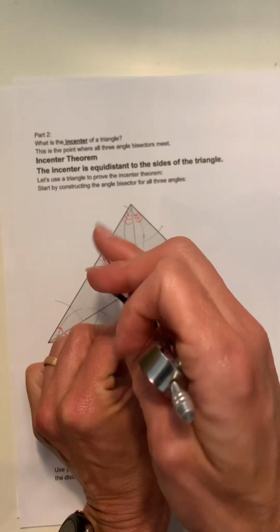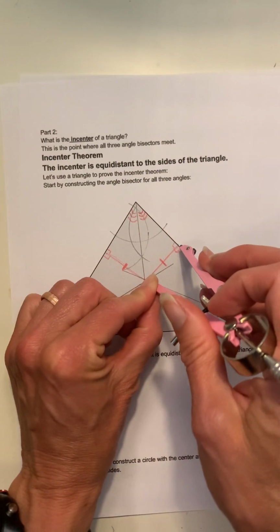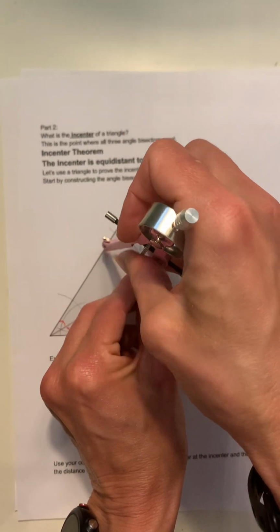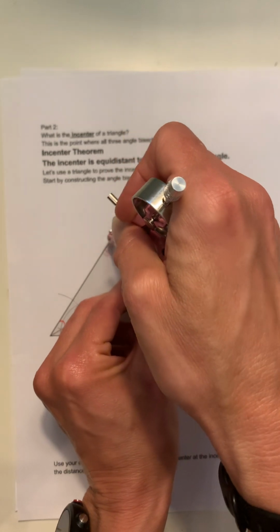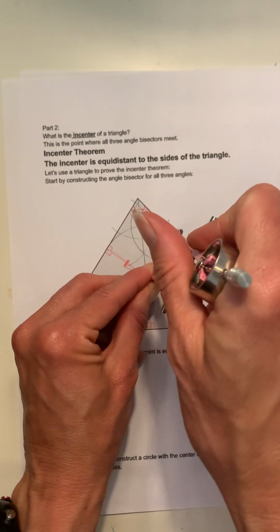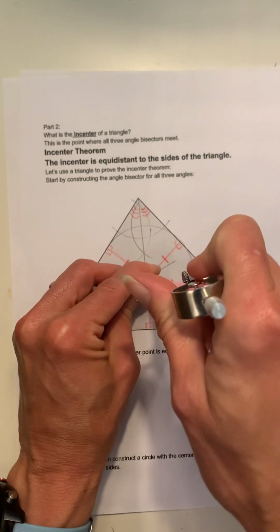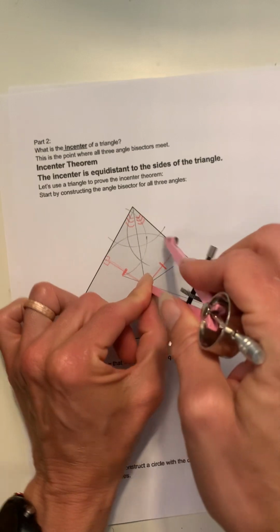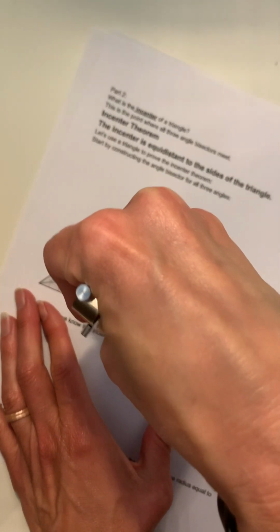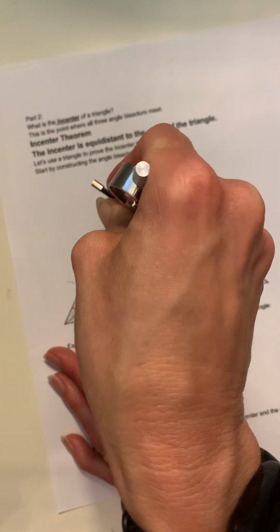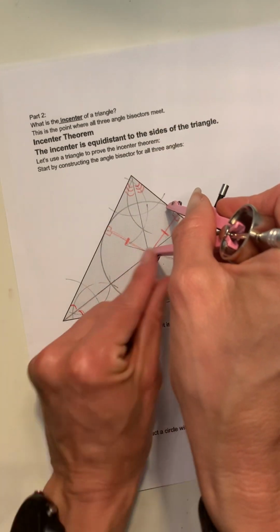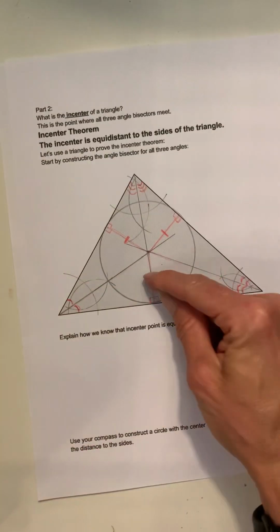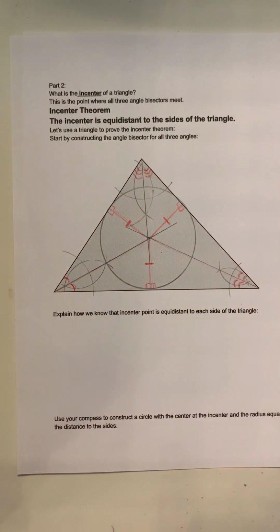If I had all that lining up, pretty close, I should be able to make that distance from the incenter to the side of the triangle the radius of my circle. And that circle should fit perfectly in there, proving that each of these distances is the same because they're all the radius of the circle.